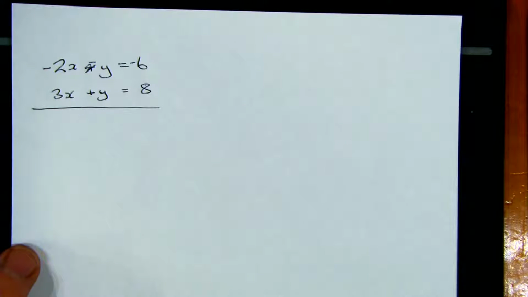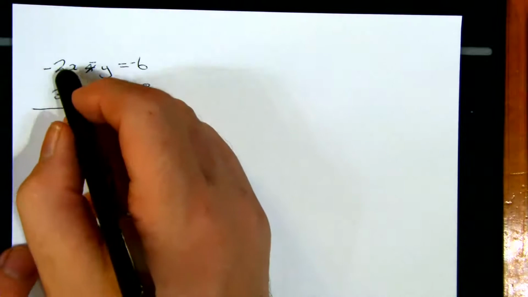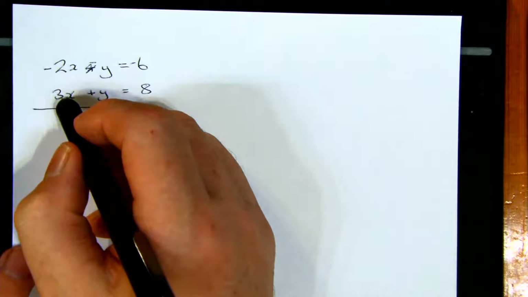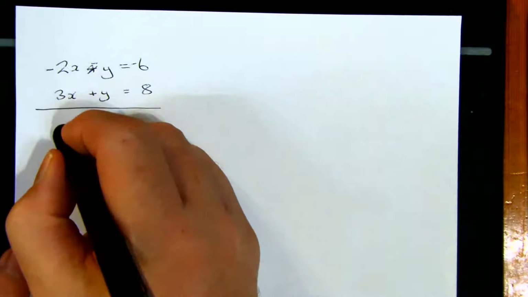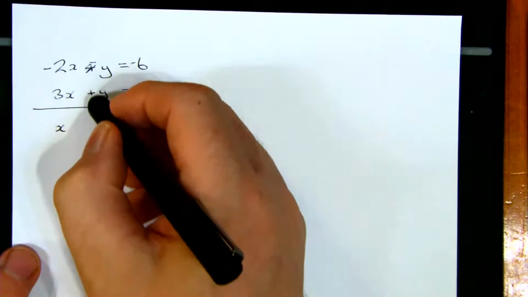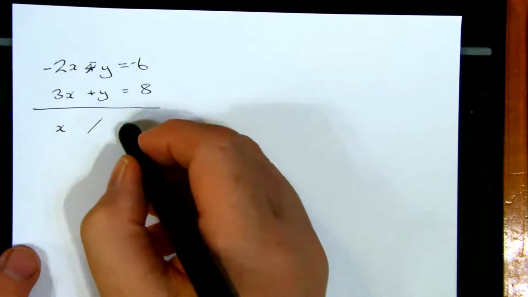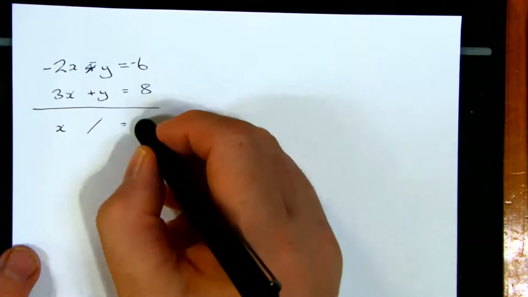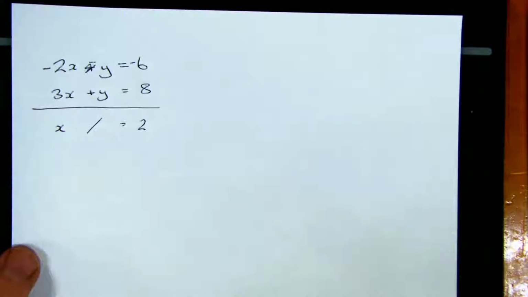Now, let's just do that adding again. So I've got minus 2x plus 3x, so 3x minus 2x is 1x. The y's will eliminate, and I've got 8 minus 6, which is going to give me 2. So now x equals 2.